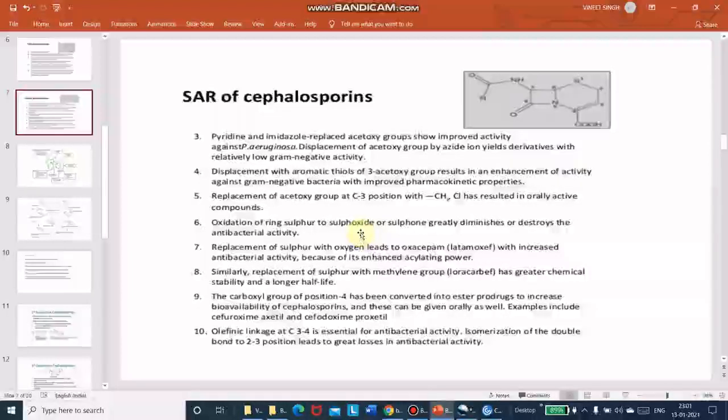Examples include cefuroxime axetil and cefpodoxime proxetil.